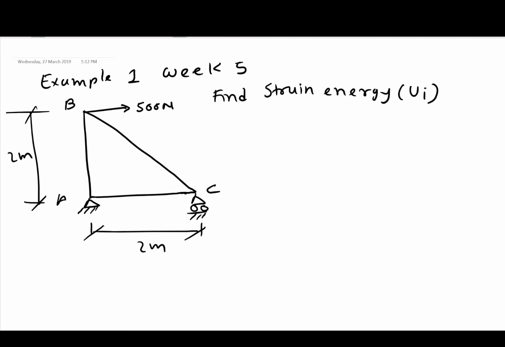Now to find the member forces, we first find the reaction forces, let's say AY and AX. We can remove the supports, and another reaction force is CY. Now to find the reaction forces, let's say the sum of the moment at point C equals 0, anticlockwise is positive.